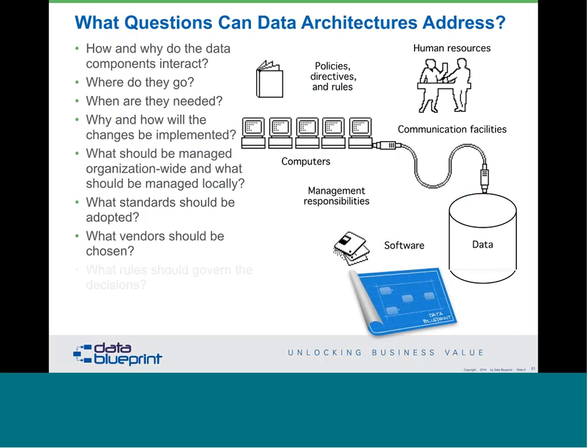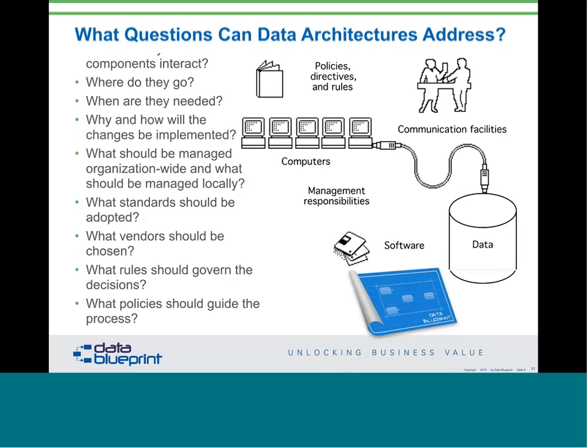Now, data architectures address a lot of different questions, and it's important not to try to get them all at once. The real key here is to look at what problem you are facing and use an architectural representation in a manner that answers the question. Because if you try to be comprehensive about it, you will never, ever succeed. I already mentioned to you that it takes a long time to come up with these things.